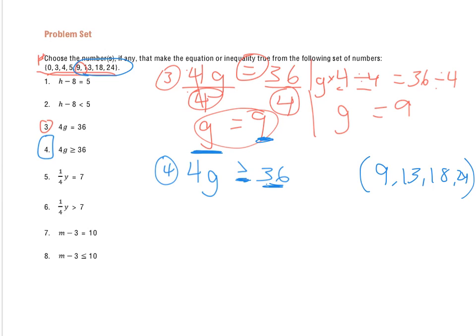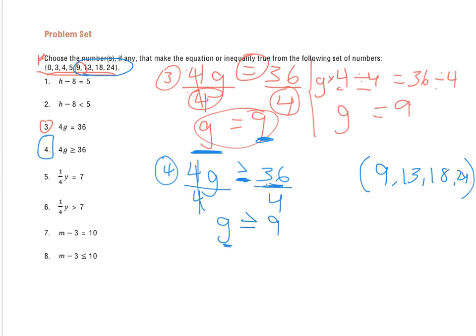Any of those numbers are going to make this statement true. And the way I know it is, again, I could divide by 4 like I did before, and g is greater than or equal to 9, meaning g can equal 9 or anything bigger than 9.